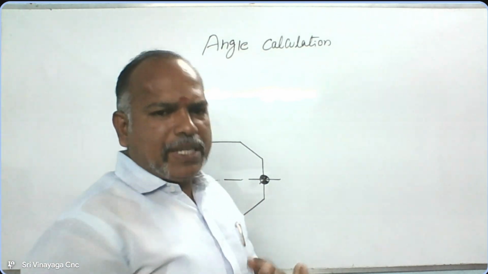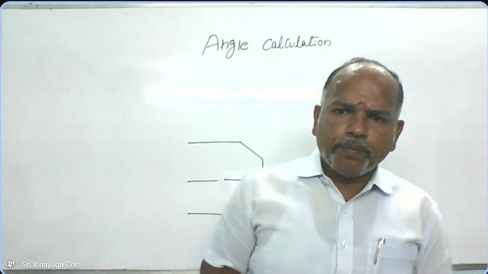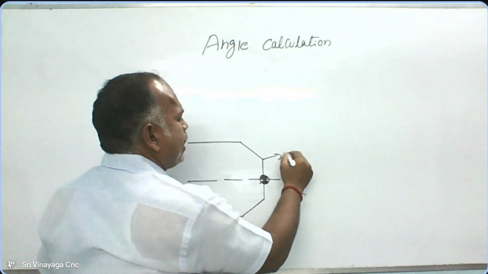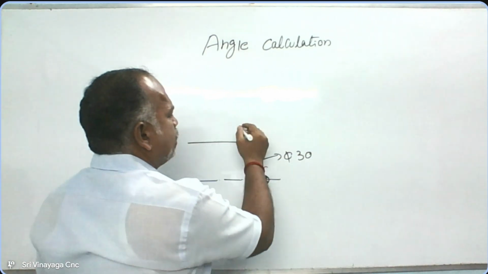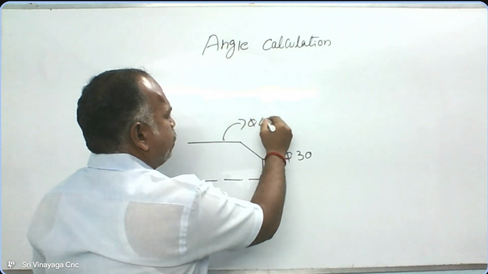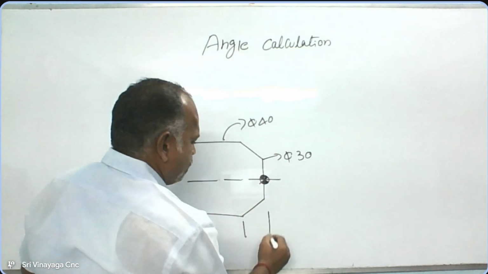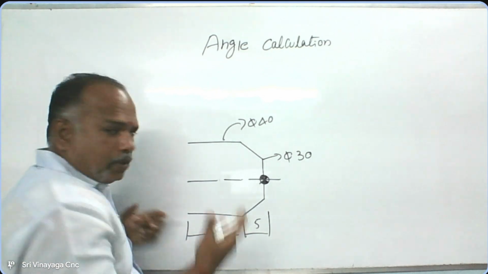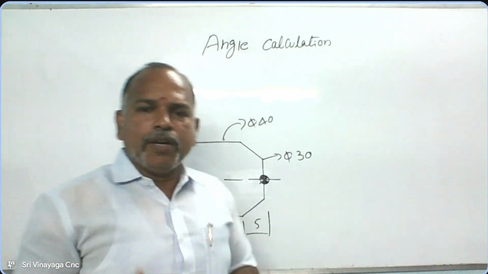In the previous class, I had mentioned this diameter 30, this diameter 40, this length will be 5, this is 30. You can easily see.